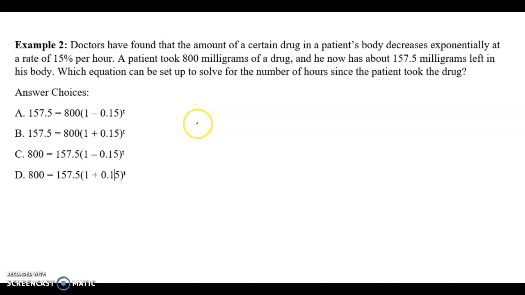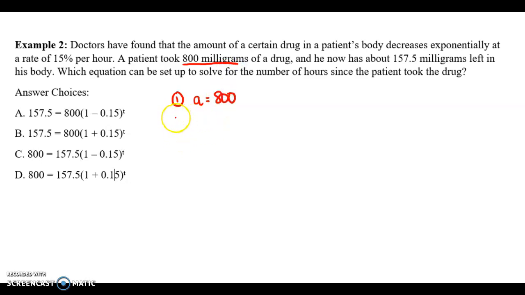We want to use our 4 steps that I showed in slide 2. One says determine the initial value. Okay, that's our a. The initial value that this person has in their body is 800 milligrams.